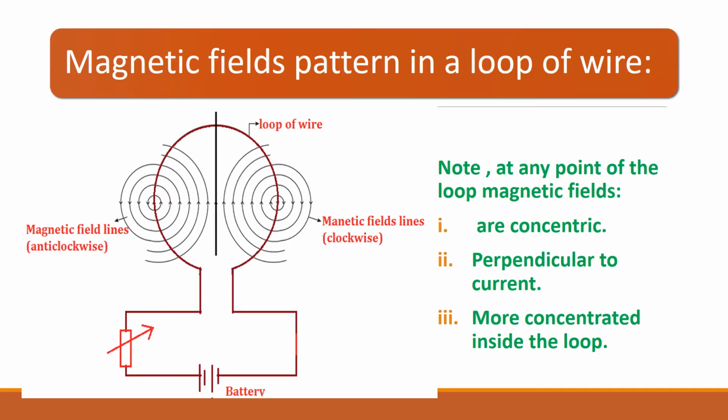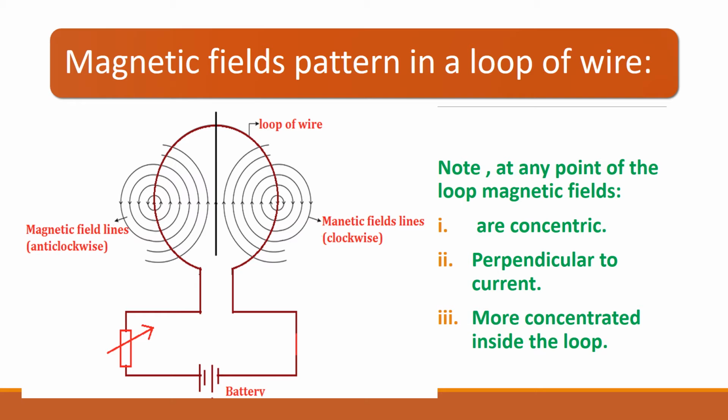So let's take an example of this loop drawn. As I stated earlier, you cannot draw fields all around the loop. I've only taken 2 points, the left side and the right side. This is how you draw the magnetic fields. One, they are concentric at any point.